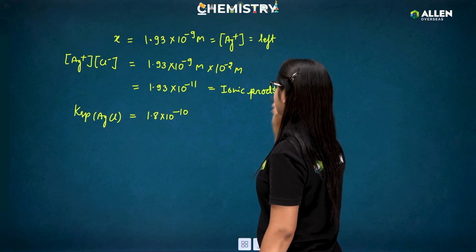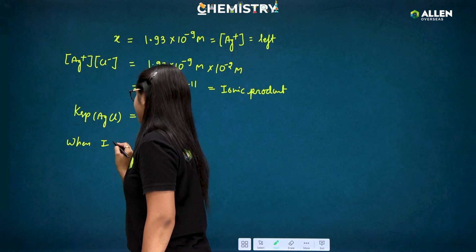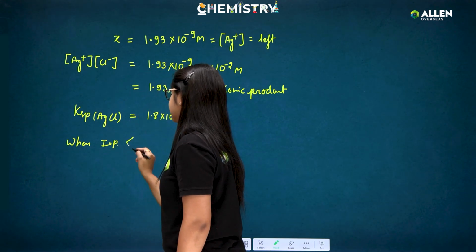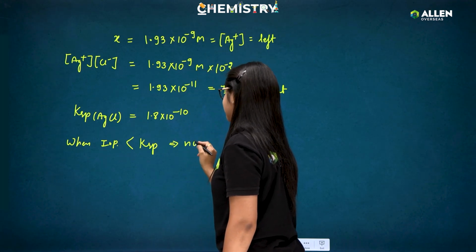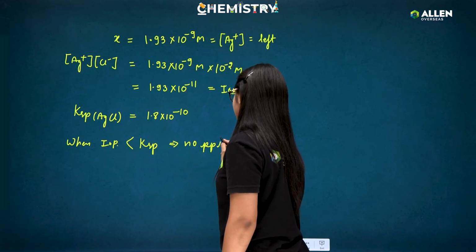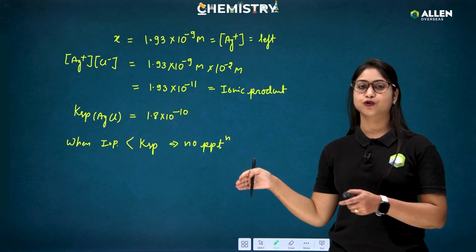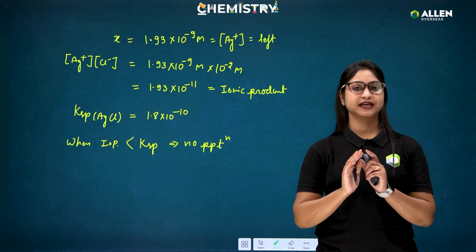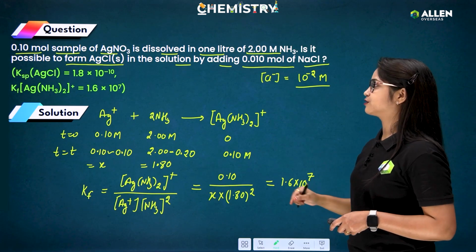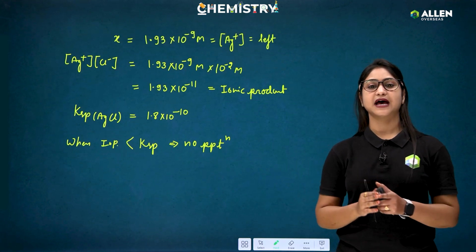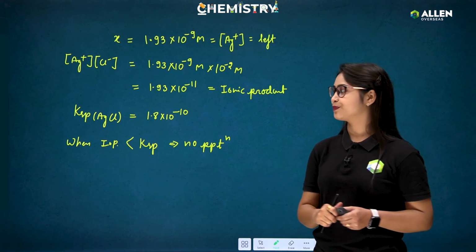We know when the ionic product is less as compared to KSP, then no precipitation takes place. That means in this situation, there will be no precipitate of AgCl, right? So what will be the answer of this question? The answer is that there will be no precipitate of AgCl in this solution, right?